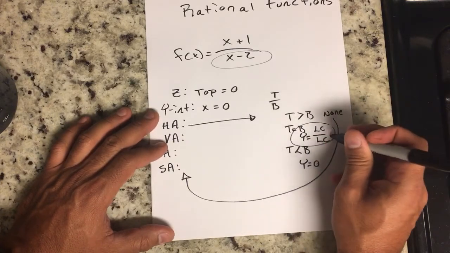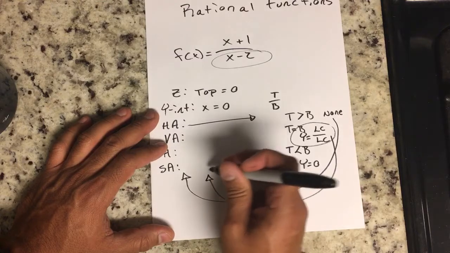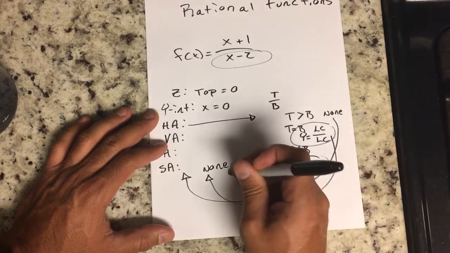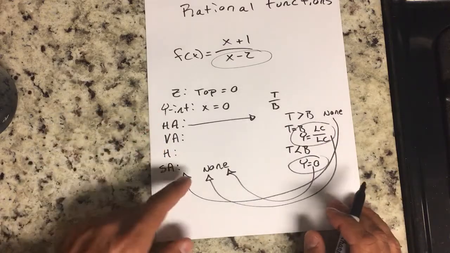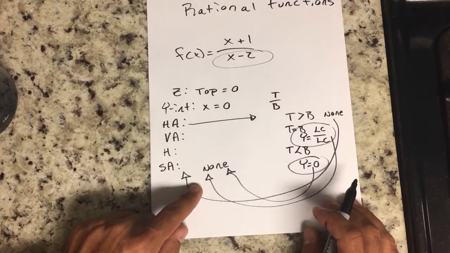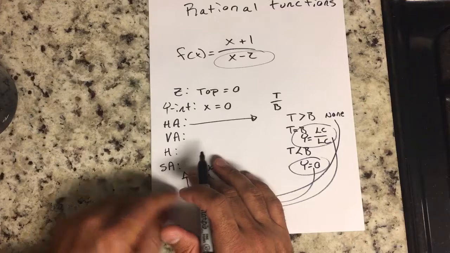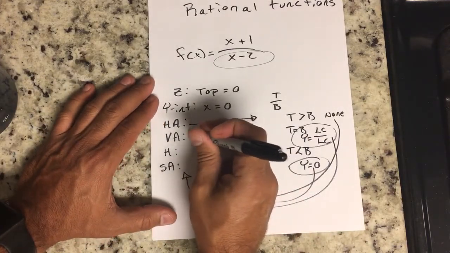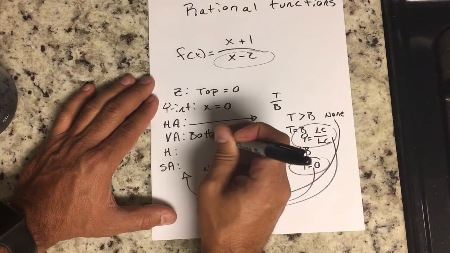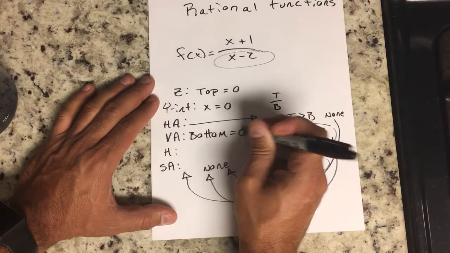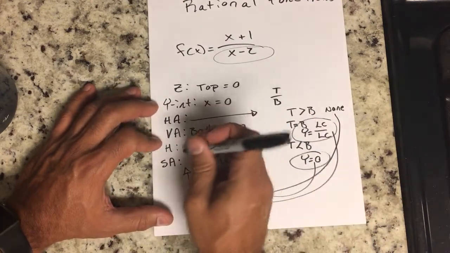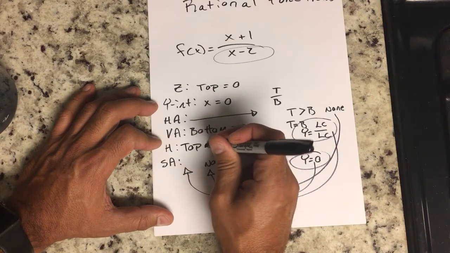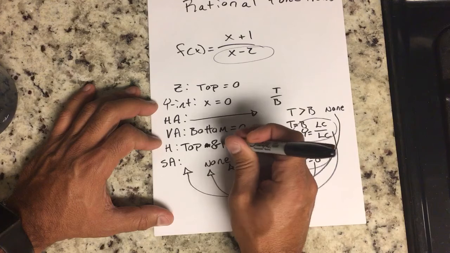If I have this, then there's no slant asymptote. So every rational function has either a slant or horizontal. Vertical asymptotes make the bottom equal to 0. Holes make the top and bottom equal to 0. Not plus and.